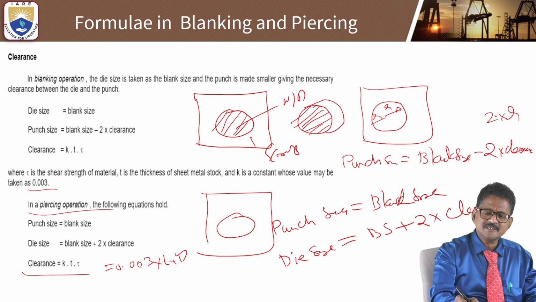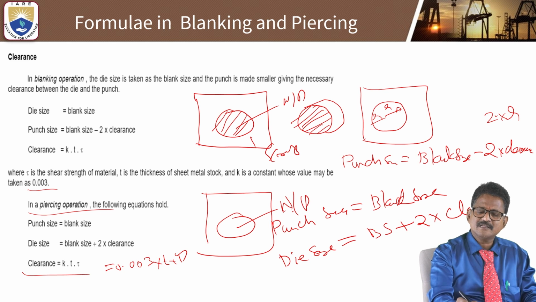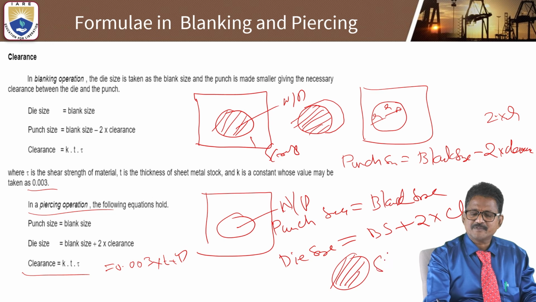In piercing, the hollow portion is the workpiece, and the remaining part that comes out is the scrap.